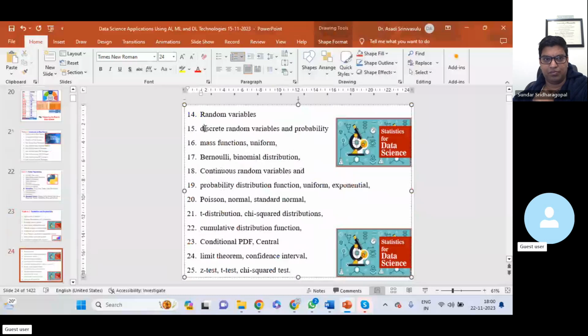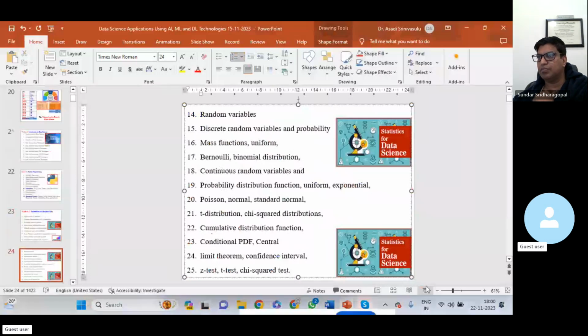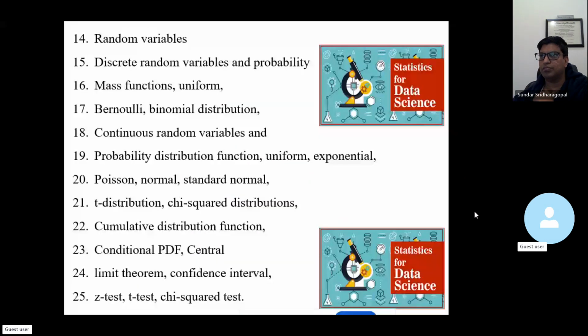And we are performing Poisson distribution, normal distribution, and Bernoulli and binomial distribution. And we are performing T distribution, chi-square test, cumulative distribution function, conditional PDF, and central limit theorem.